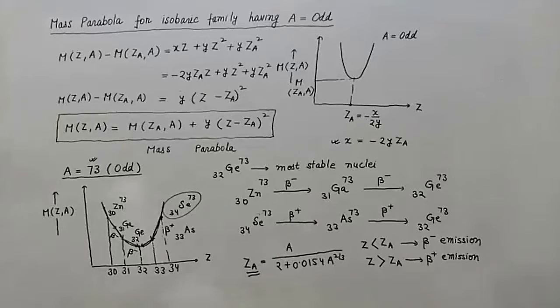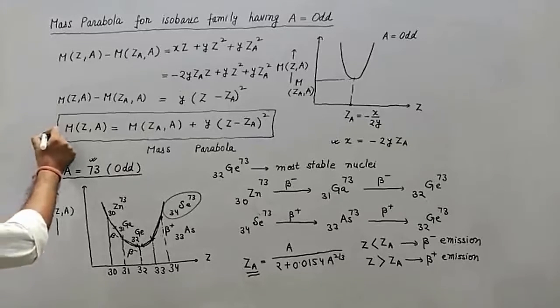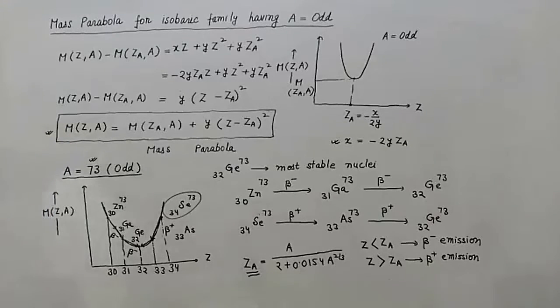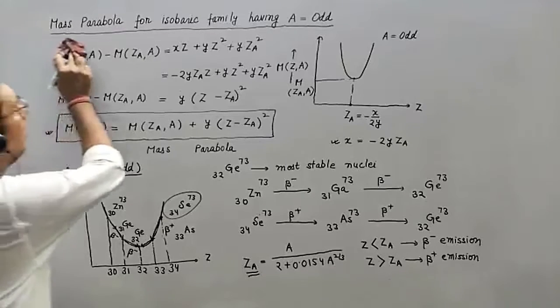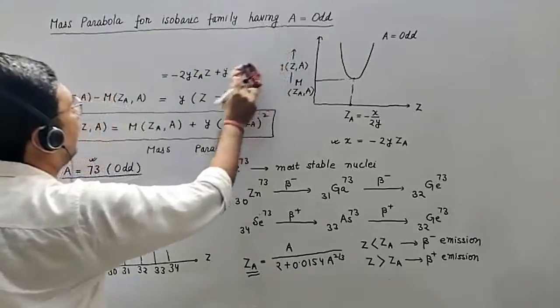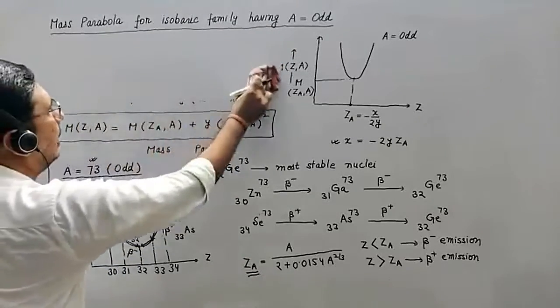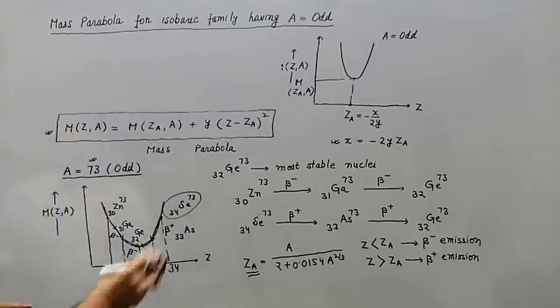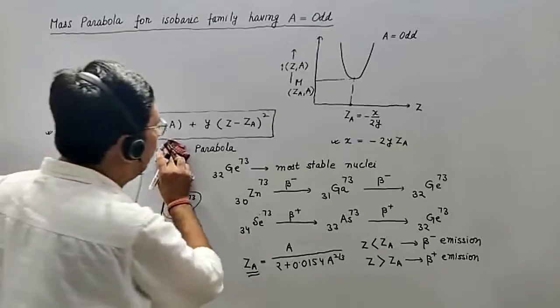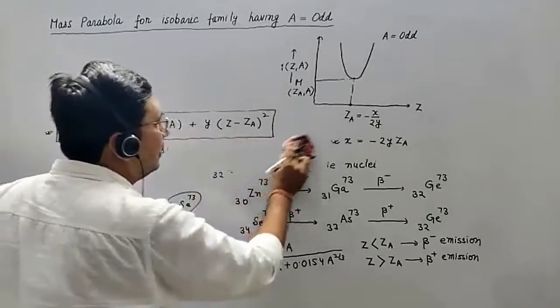Now, with the help of this formula, we can also find out the Q values during the emission of beta minus particle or beta plus particle. I'm not removing this formula here.